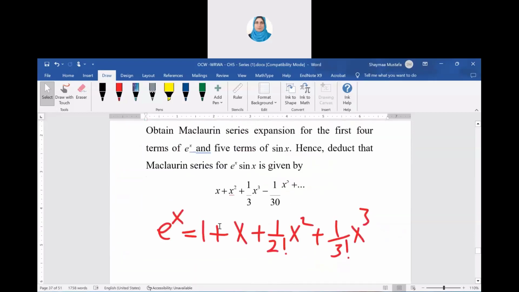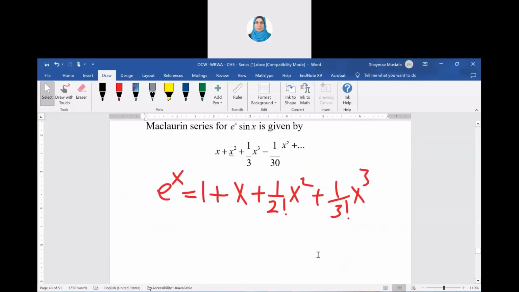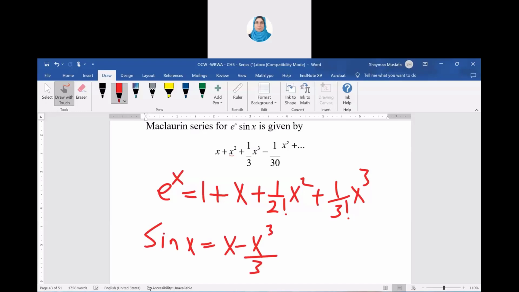But if you have a question like this in the exam, you need to write the full steps of how to find it. Okay, sine x is equal to x minus x cubed over 3 factorial plus x to the power 5 over 5 factorial minus x to the power 7 over 7 factorial.